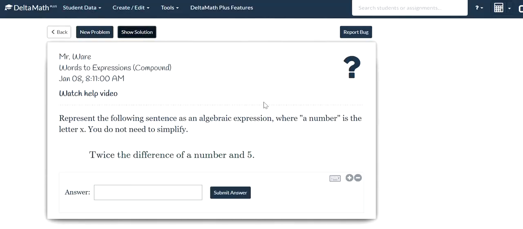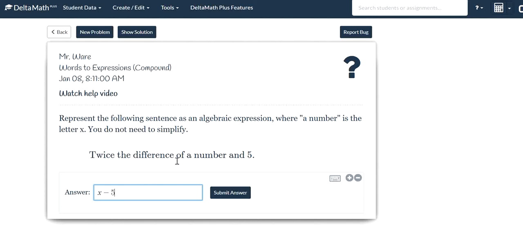Alright. So this one requires parentheses. But it's okay. It's not that hard. You just want to write what it says. So it says twice the difference of a number and 5. So you got to have the difference of a number and 5, but then do it times 2. So I'm going to take the number and 5, right, which is x minus 5.